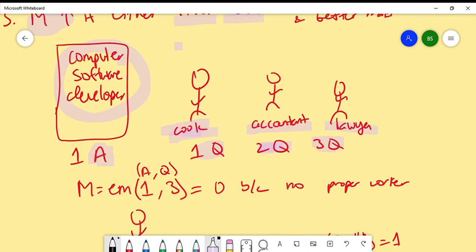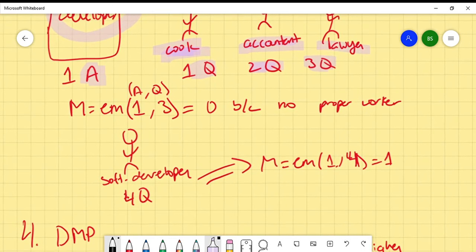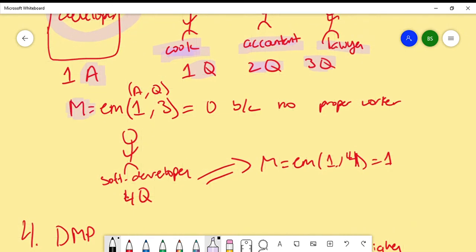These 3 are cooks, accountants, and lawyers, and the company says, we don't need you. So the total M is 0 because there's no proper worker. But then you get a new software developer, Q is now equal to 4, and now the matches is equal to 1. So increasing any number will increase the number of matches.